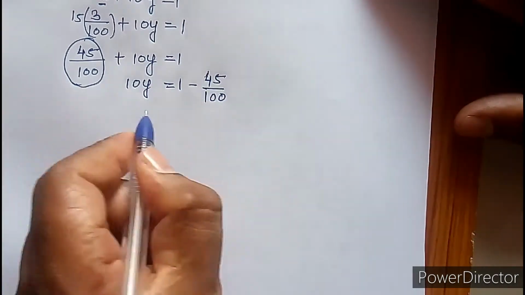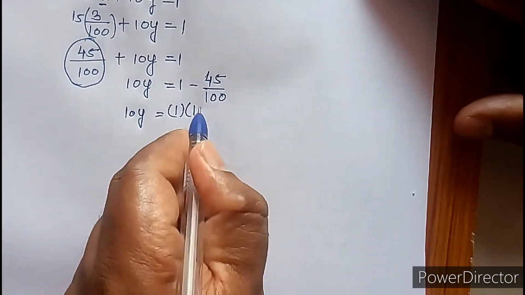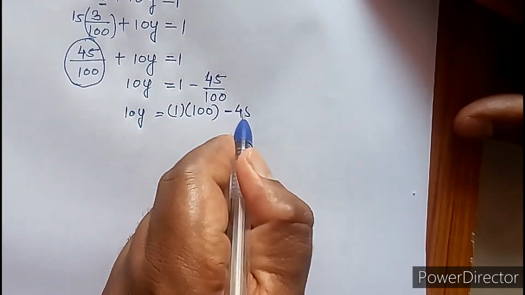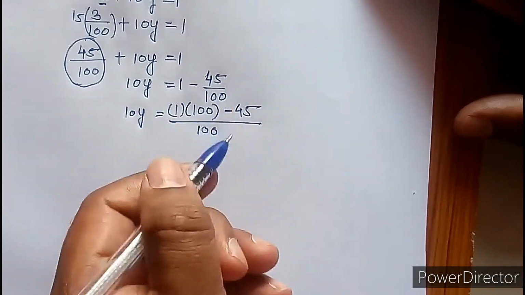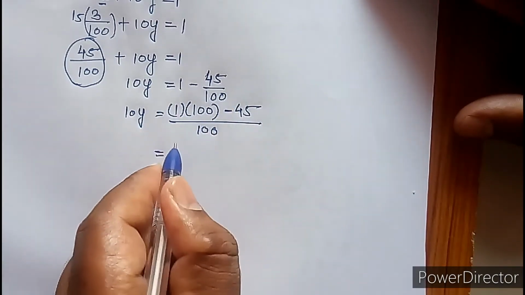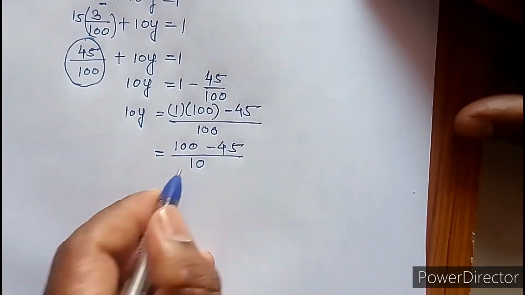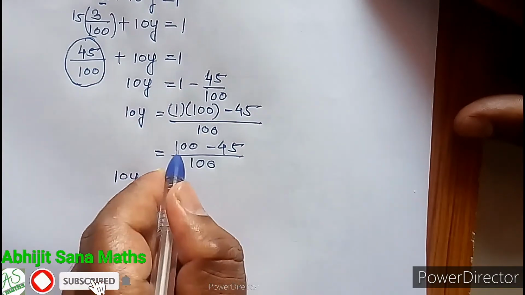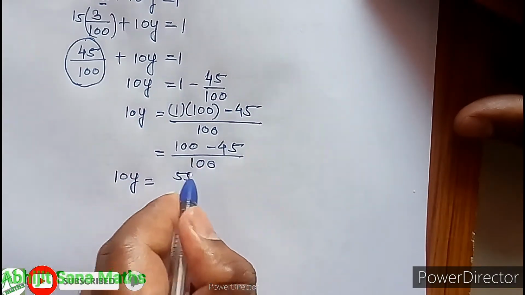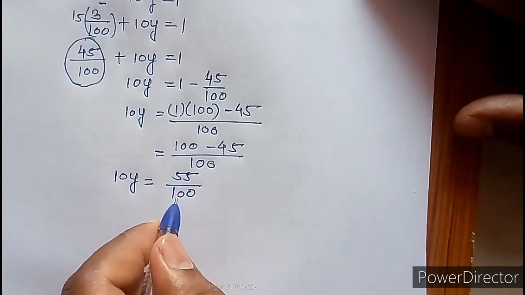On calculating, 10y equals 1 into 100 minus 45, divided by 100, since the denominator is common. Now 1 into 100 is 100, minus 45, divided by 100. We get 10y equals 100 minus 45, which is 55, divided by 100. That is, the value of 10y equals 55 by 100.